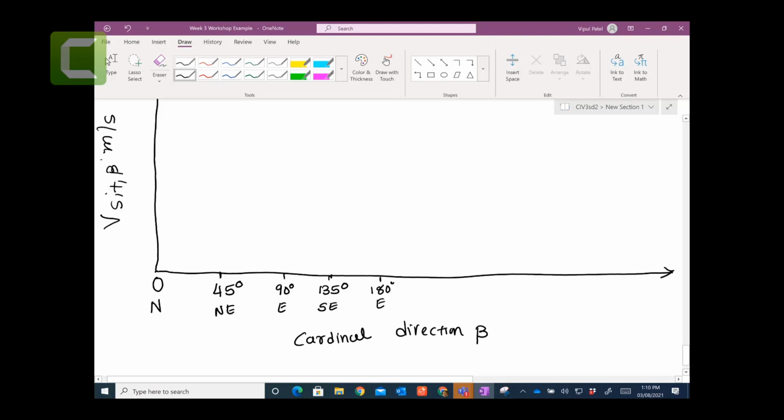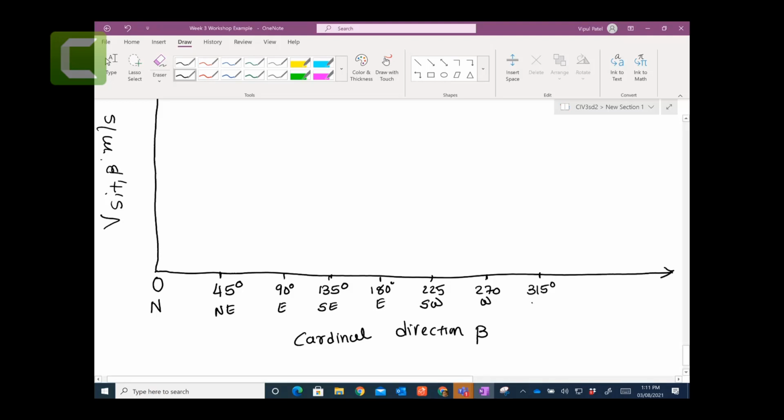Then you add 45 again, so 225, and we have southwest, and then you have 270°, and we have west, and then northwest. You just add 45 every time you put it, 315.